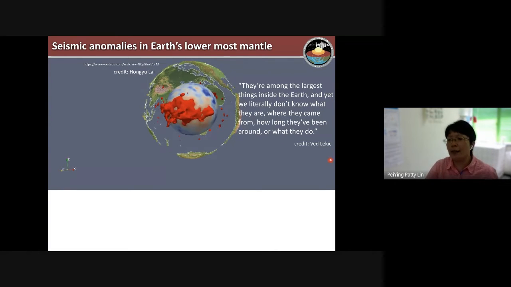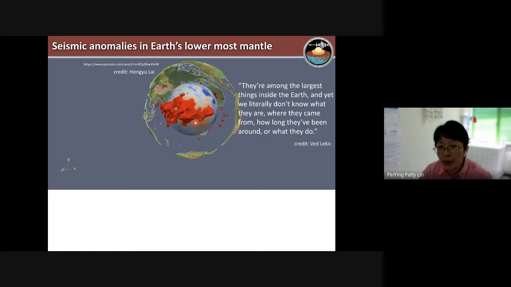As was said in 2019, two years ago, they are among the largest things inside the Earth, but yet we literally don't know what they are, where they came from, how long they have been around, or what they do.